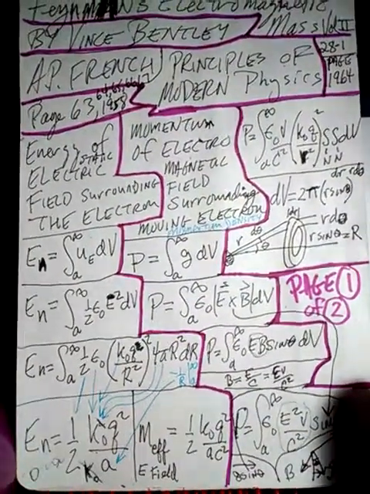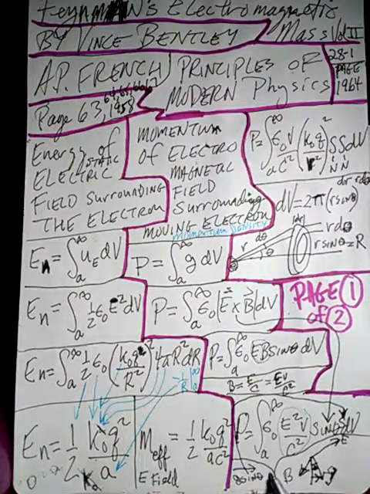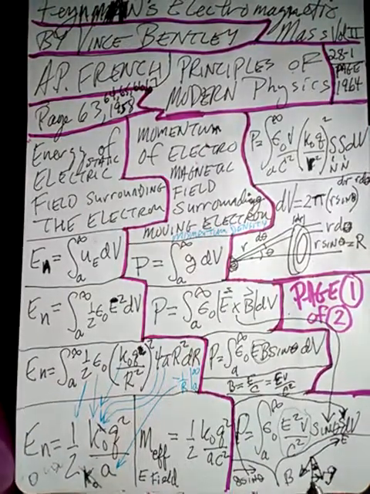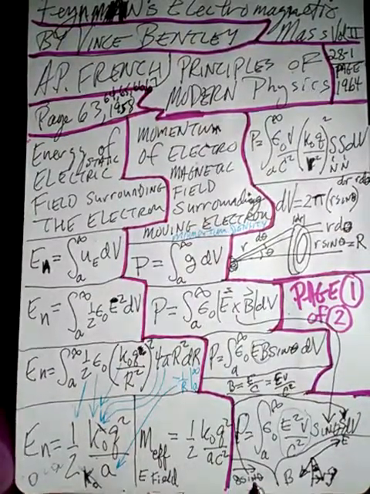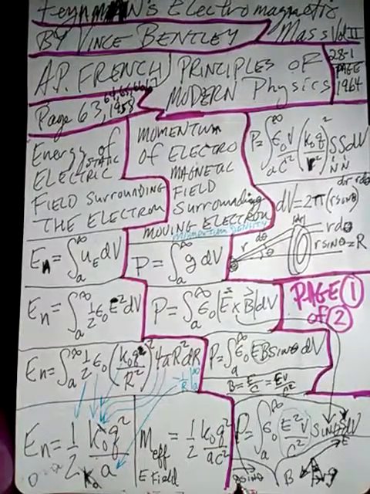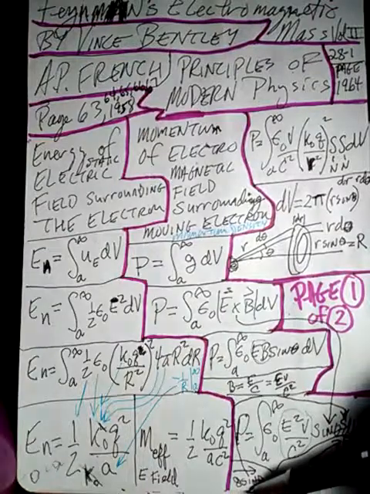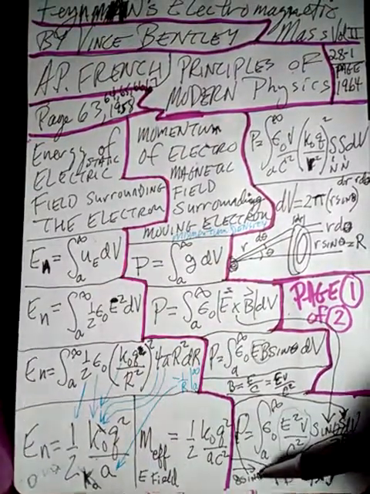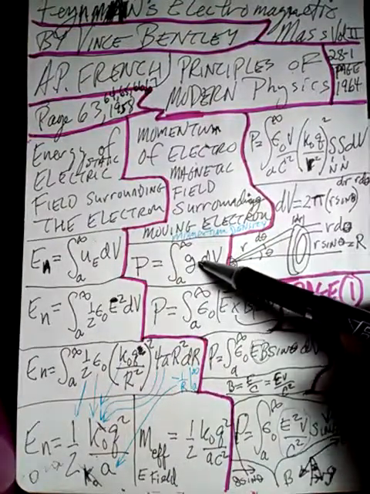But because of the movement, the velocity of the electron, we're going to want to have the sine component of the momentum density. So this really won't be G, it'll actually be G sine theta.